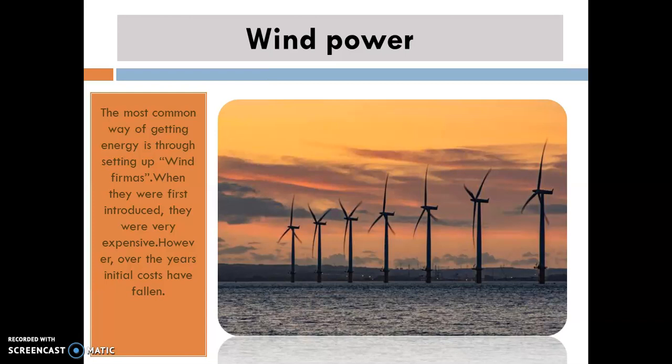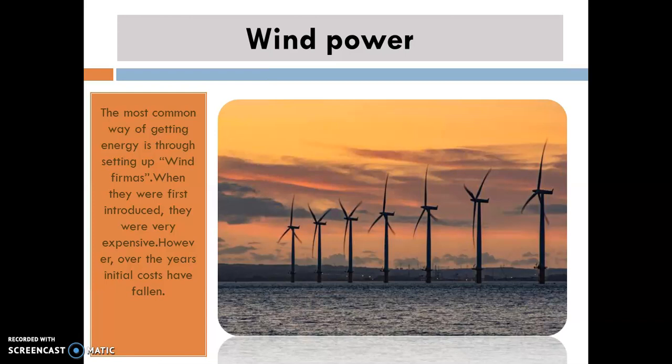Okay, wind power. Most countries use wind power commonly, and as you see, first of all, it's free, and second, it's a natural resource that we do not need to control; it does its work automatically.